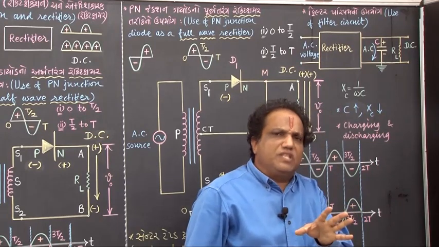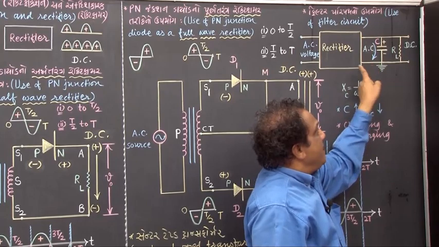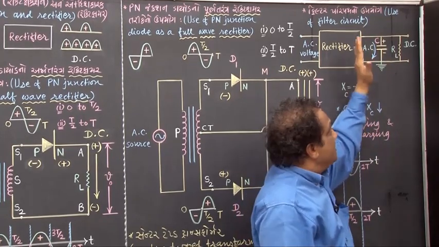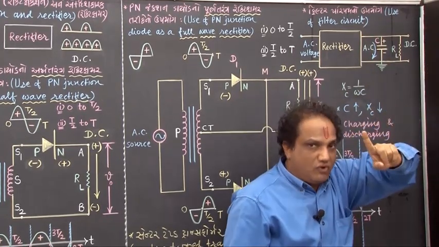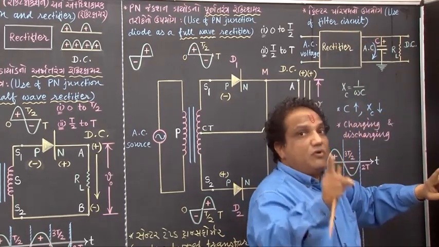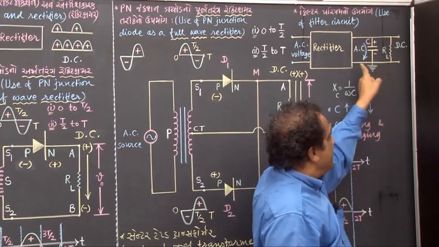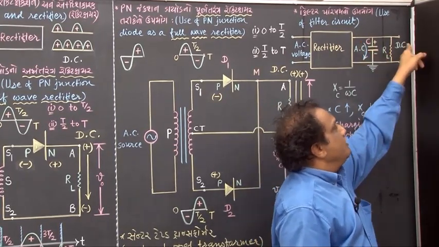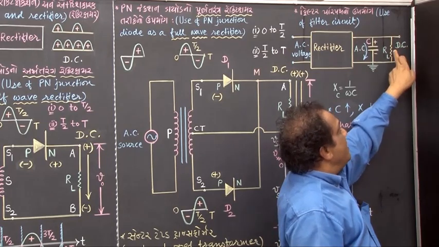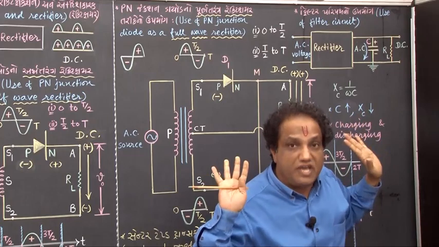And because very small resistance is offered, AC is getting bypassed through this capacitor. It doesn't flow ahead. And the part of the current which is flowing ahead has the majority of its components in the form of DC only, because AC is bypassed and then only DC components proceed further. And so across RL we will get almost constant DC voltage.